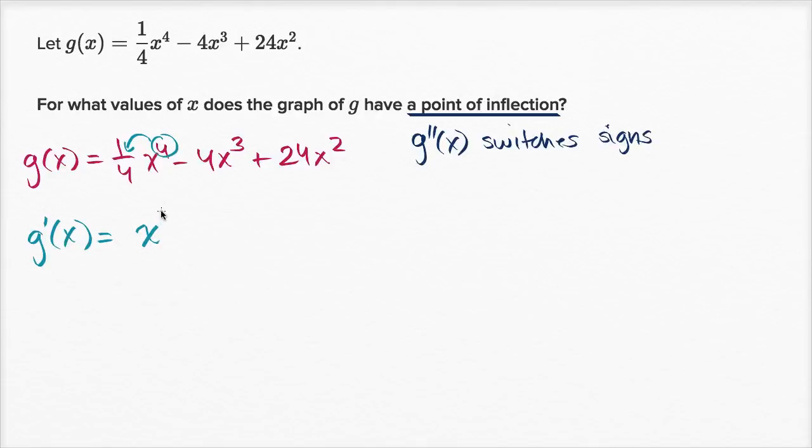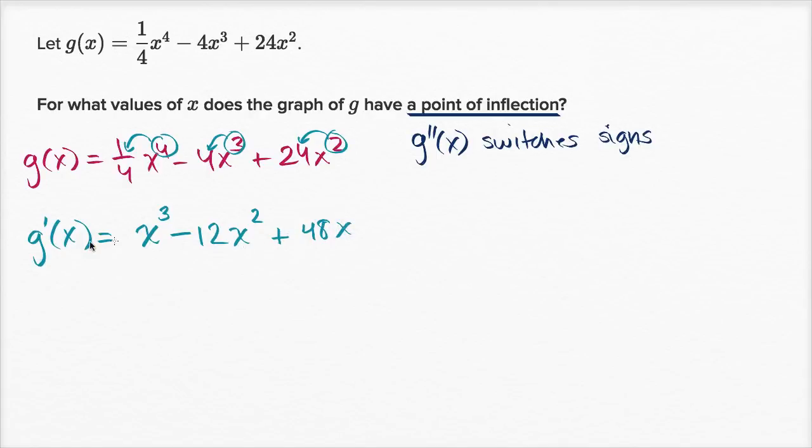So x to the third power, minus 3 times 4 is 12, x to the 3 minus 1 power, or x to the second power, plus 2 times 24, or 48, x to the 2 minus 1, or x to the first power. I could just write that as x.